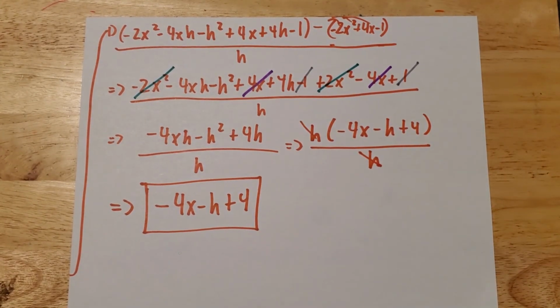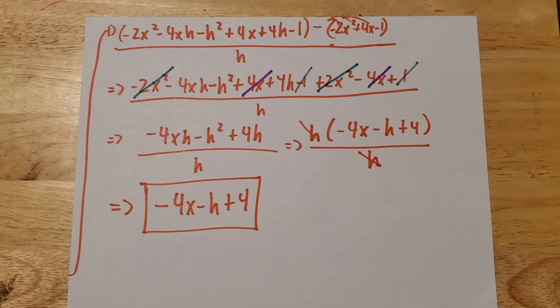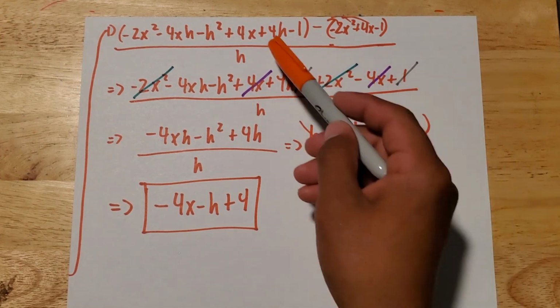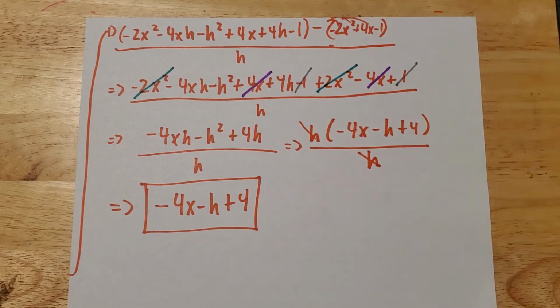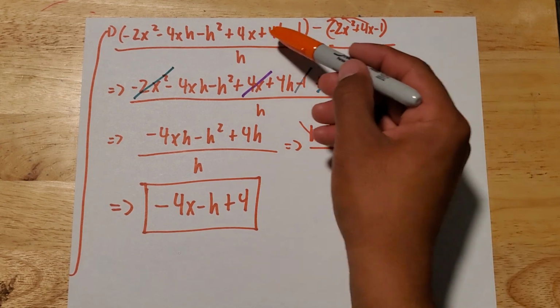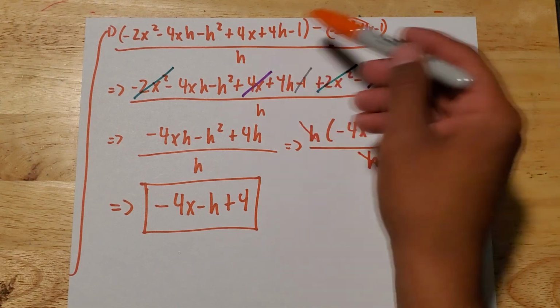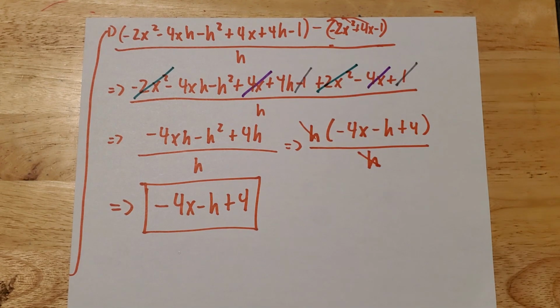We were mainly evaluating with numbers before, but we also did some examples when we evaluated with letters. And this is putting the idea of evaluation with the operations on functions, or the algebra of functions, or as some people call it, the combination of functions, which means you add, subtract, multiply, or divide them.